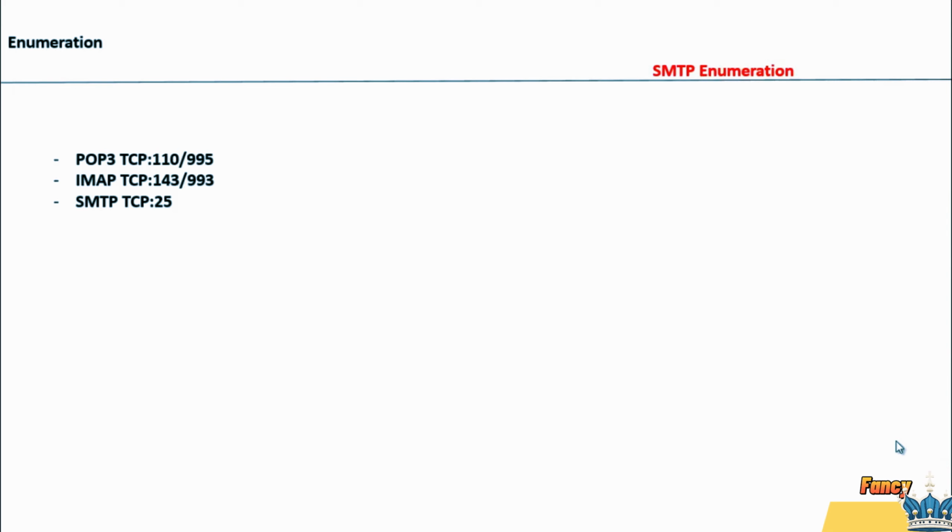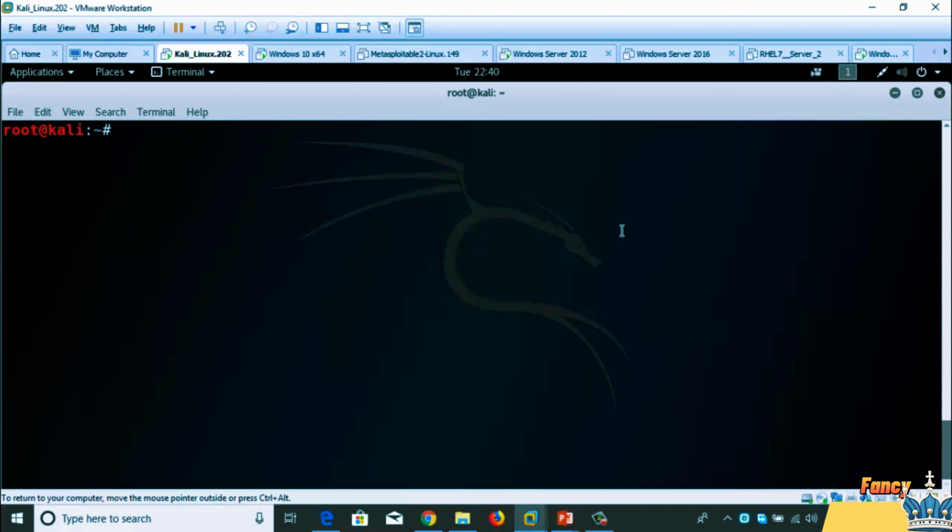So let's begin. First, log in to the Kali Linux operating system and now use the nslookup command for the target domain name. Target domain name is hackthisite.org.